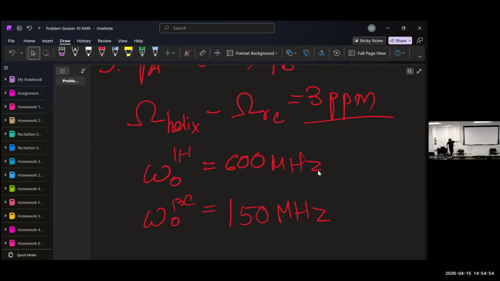I tell you this difference in chemical shift, helix minus random coil, is 3 ppm, and this is your Larmor frequency.